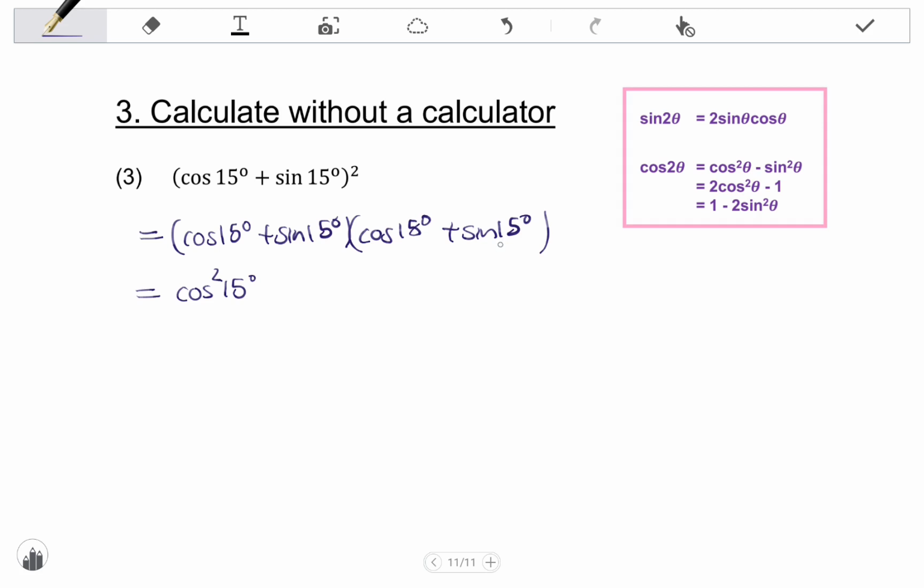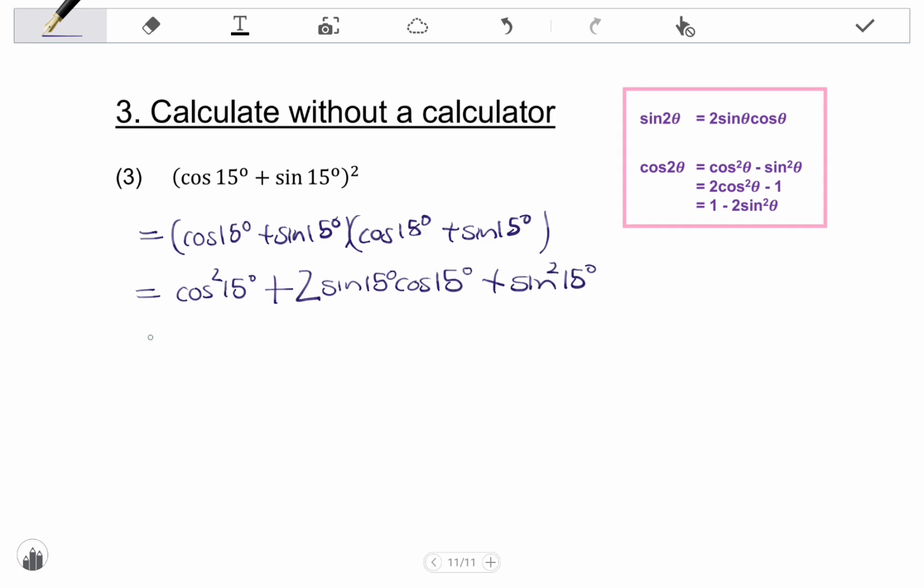The outers give me cos 15 times sine 15. The inners give me sine 15 times cos 15 degrees. Now those are like terms. So I'm going to end up with 2 sine 15 degrees times cos 15 degrees. Okay. And then the lasts give me sine 15 degrees all squared.